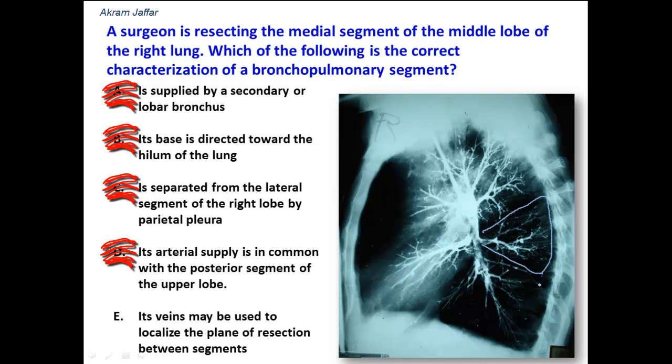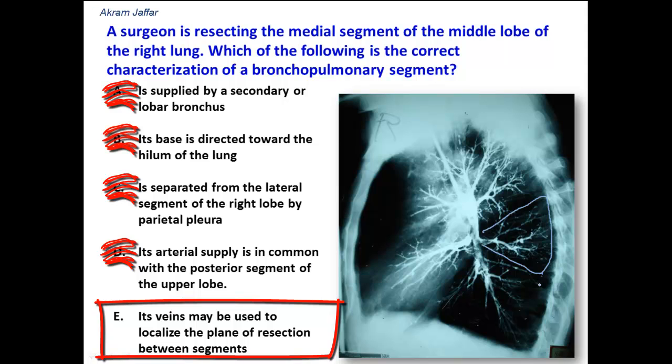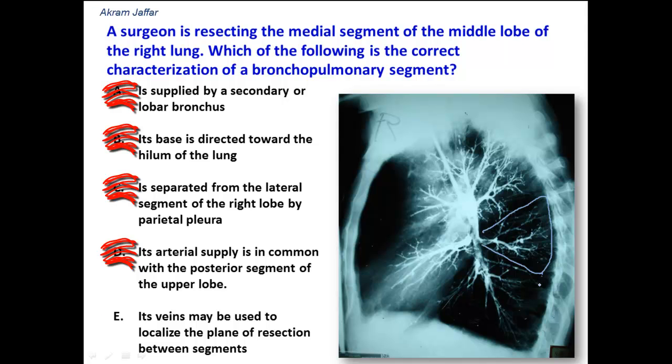So its vein may be used to localize the plane of resection between segments. The pulmonary vein is located at the periphery of the segment. It is shared between these two segments, and because it is located at the periphery of the segment, it might be used to localize the plane of resection between the segments.